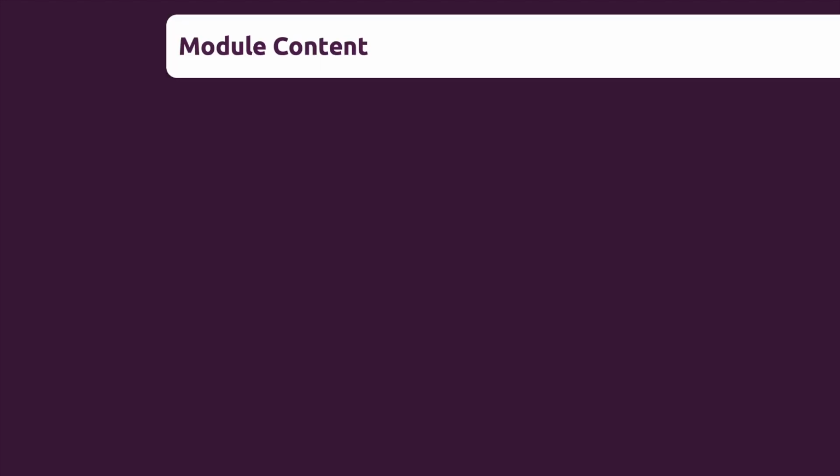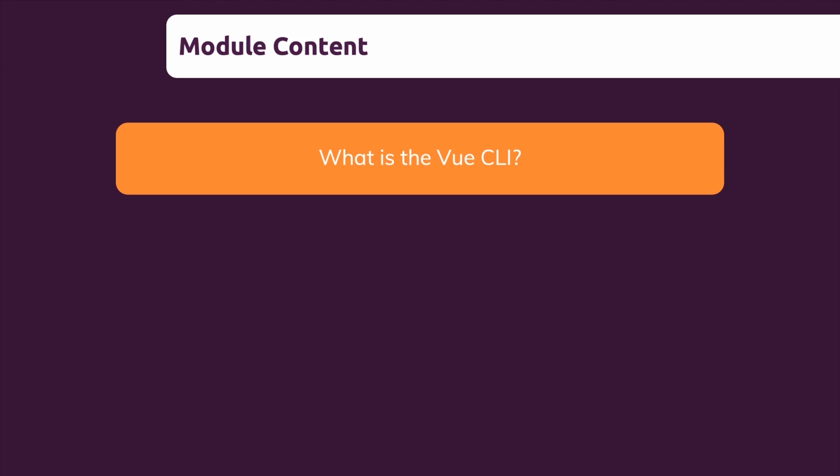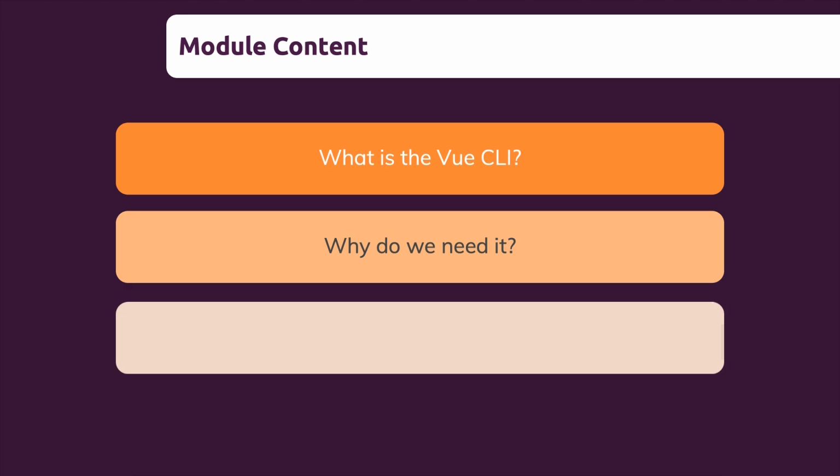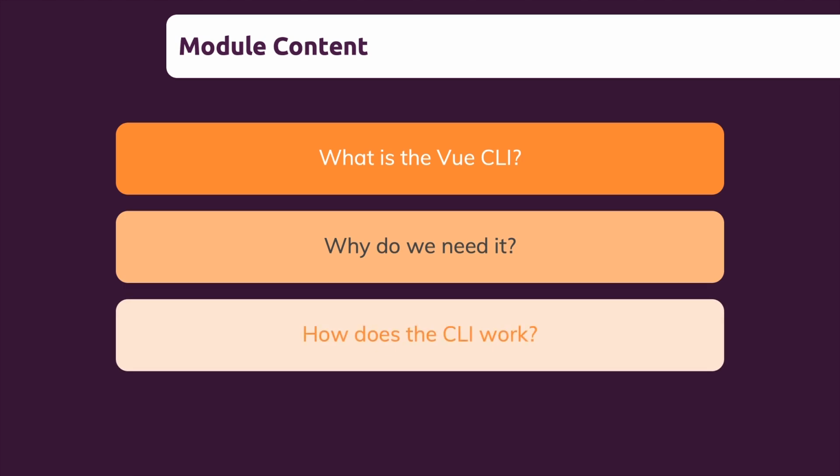Now, for that in this module, you will of course learn what exactly the Vue CLI is, and even more important than that, why we need that extra tool, why specifically we need that better setup, and of course I'll show you how to use that Vue CLI tool and how to create better project setups and then work with them.